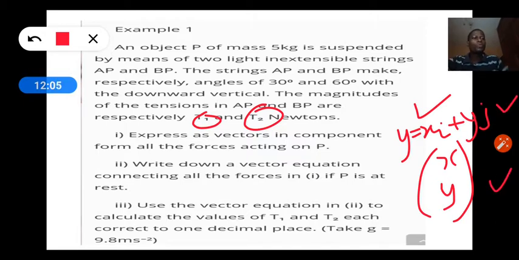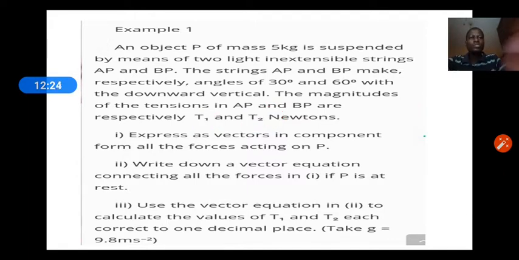So we are going to be using this particular one now. There are forces acting on P. Now let's look at those forces in our next slide. Let's see the diagram that follows.